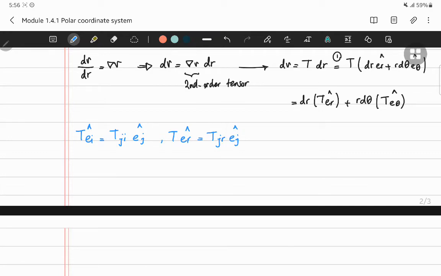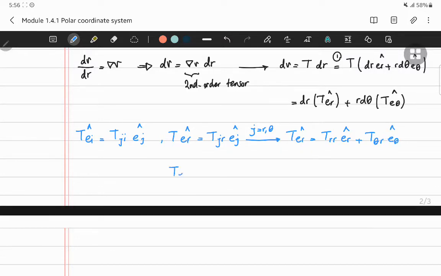This is T(e_j) times e_j, and here we have j equal to r and theta. So for T(e_r), j is a dummy index, so we sum on the dummy index. So we have T_rr e_r plus T_theta_r e_theta.